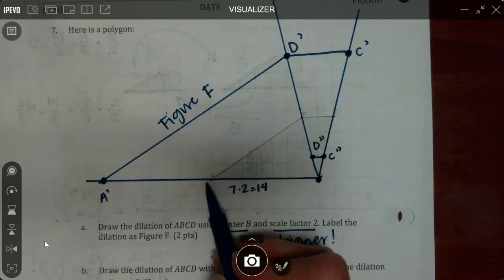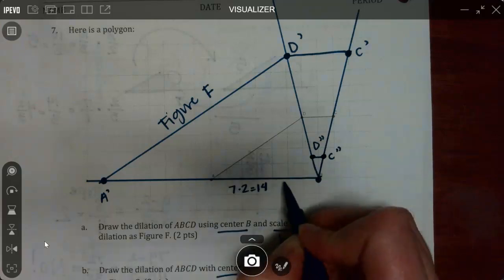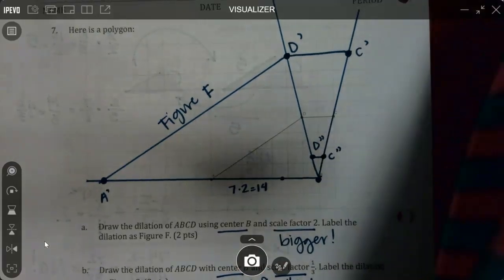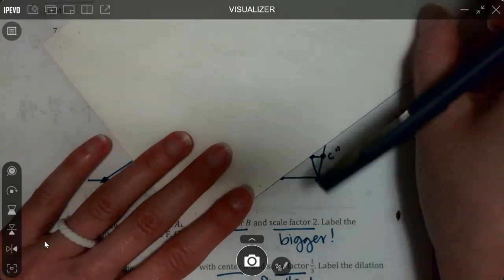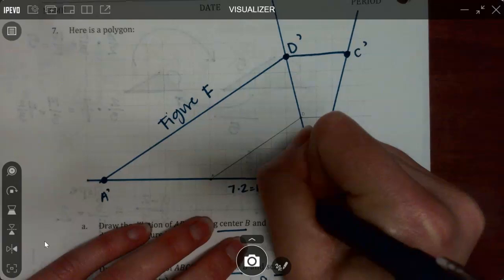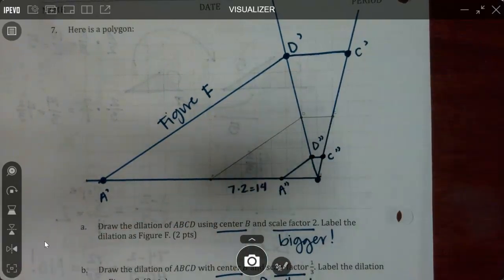Well, 7 times 1/3 is 7/3, or 2 and 1/3. So 2 boxes, and a little bit past the second box. Still on the line, as I should be. Now with my straight edge, I'm going to connect the shape. Notice how my lines are nice and clean. These all look identical. Now they're not the same in their size, but their shapes look identical.